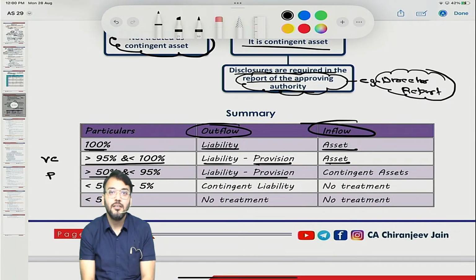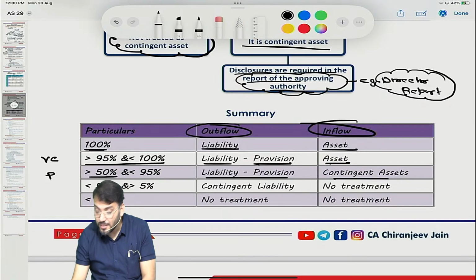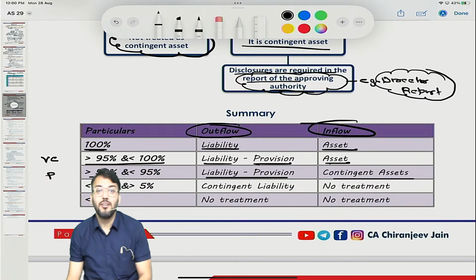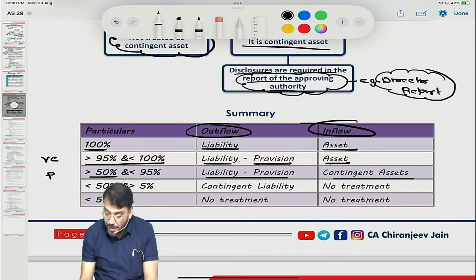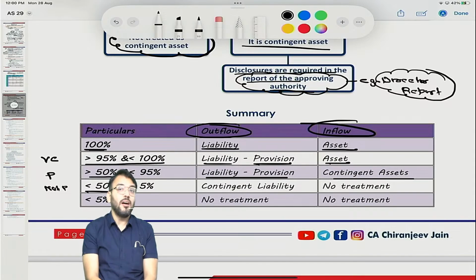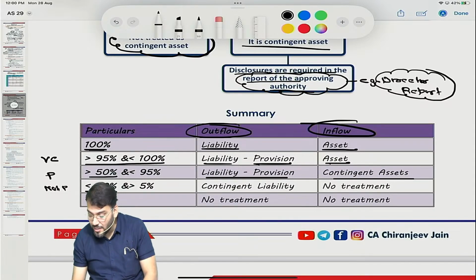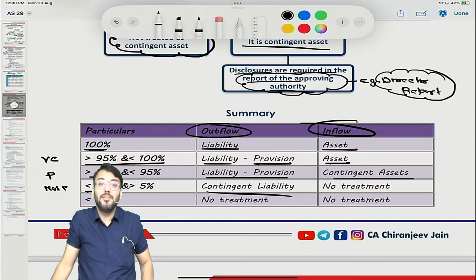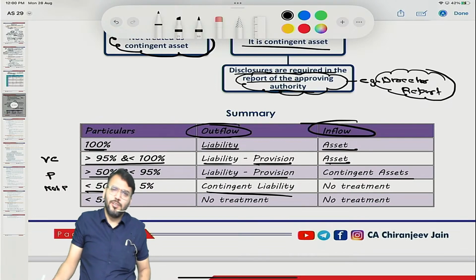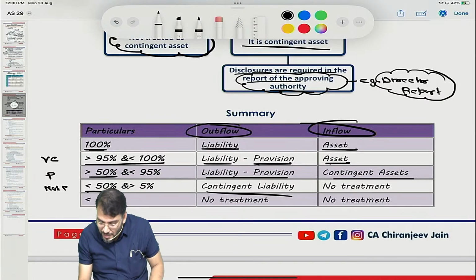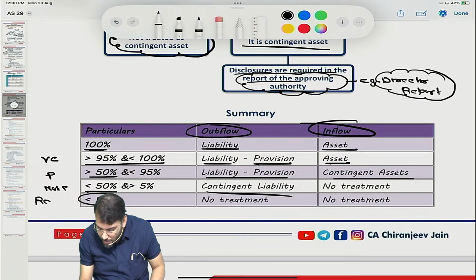But here, contingent asset, we are more strict for inflow. And if I am saying less than 50%, it means not probable. Not probable means contingent liability, but here no treatment. And last, remote: no treatment. Remote means less than 5%.